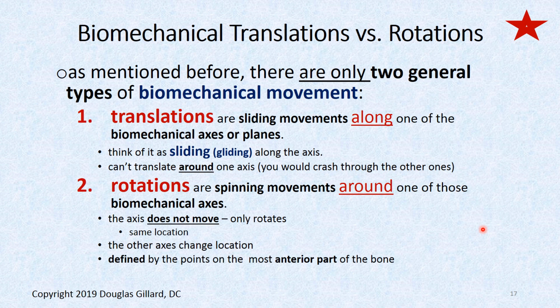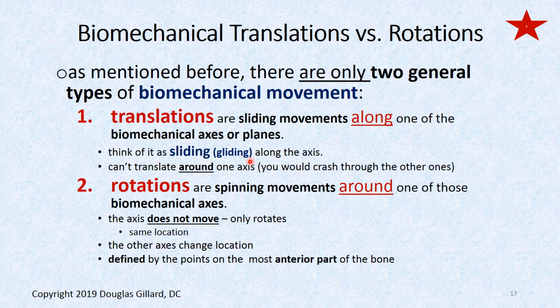All right, as we mentioned before, there are only two types of biomechanical motion. You have translations, which is just sliding, and rotations, which is twisting. We already covered that. Translations are sliding movements, but they have to go along one of the axes, either the X, Y, or Z. Some people use the word gliding motion.